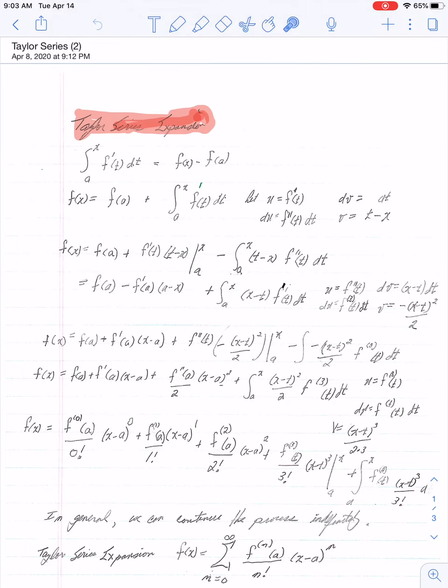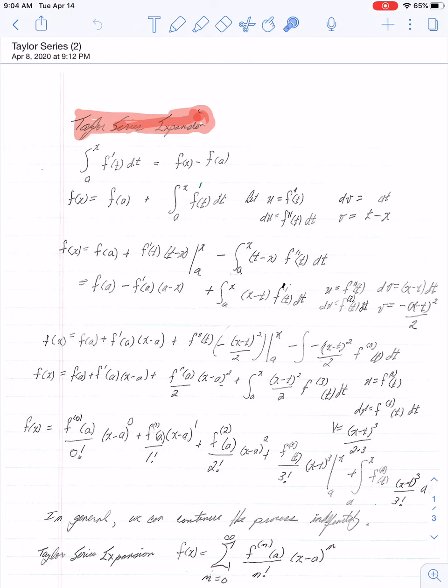It means 3 derivatives, right? f upper 1 would mean 1 derivative, and f upper 0 would mean no derivatives, which means I just have my function. So u is equal to f double prime. What's du? f triple prime. dv is everything that's left, which is x minus t dt.